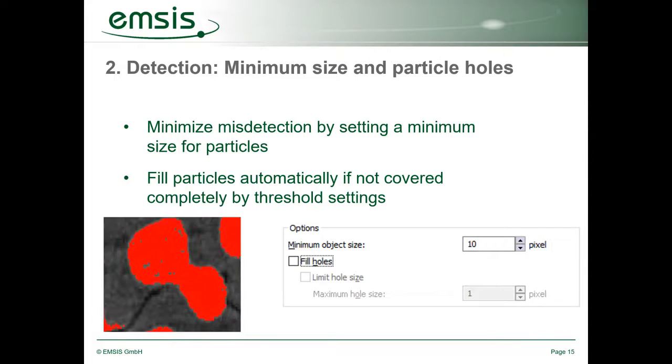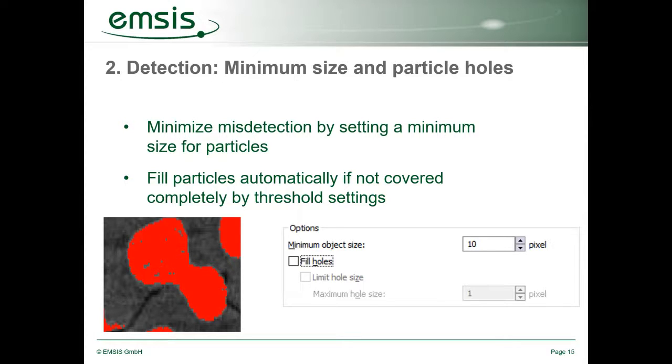The same is true with holes in particles, which is not very often true for gold labels because they are electron dense and they typically have within the complete particle the same or very similar gray values. But on larger particles, it might happen that because of your threshold settings, you will create some holes in your particle.